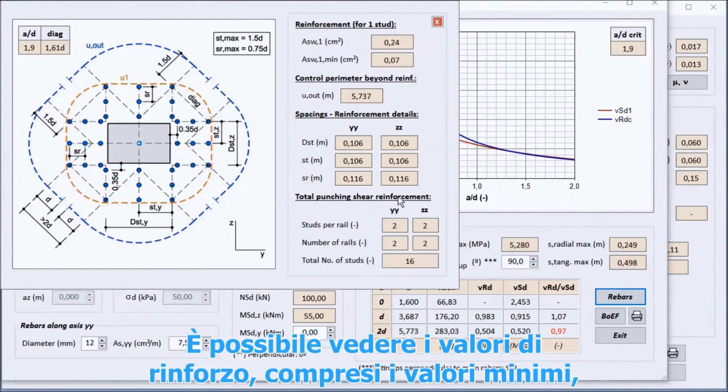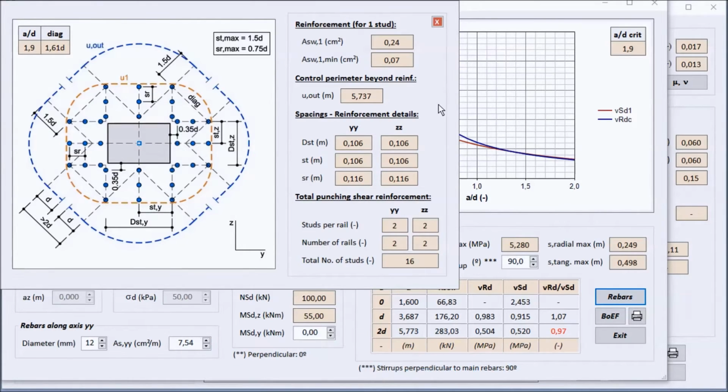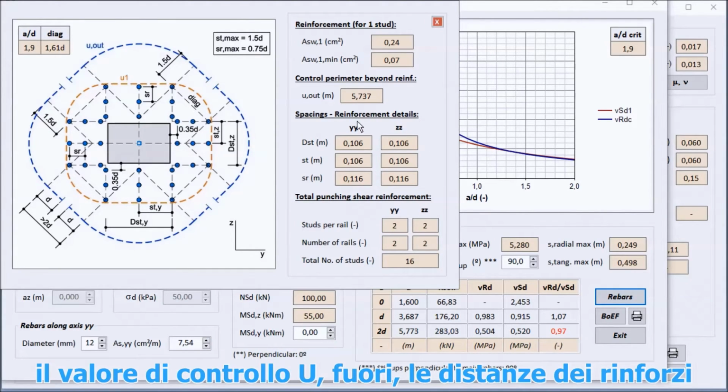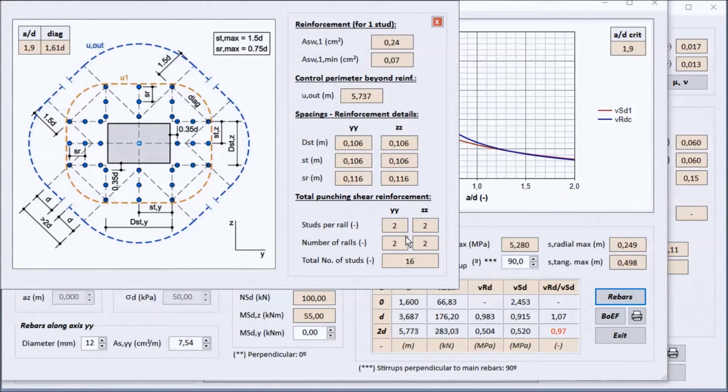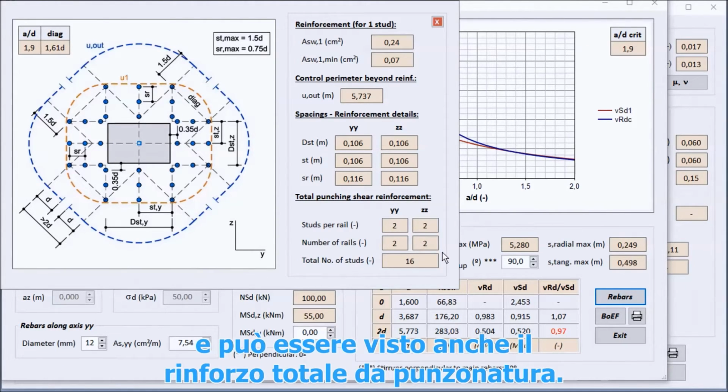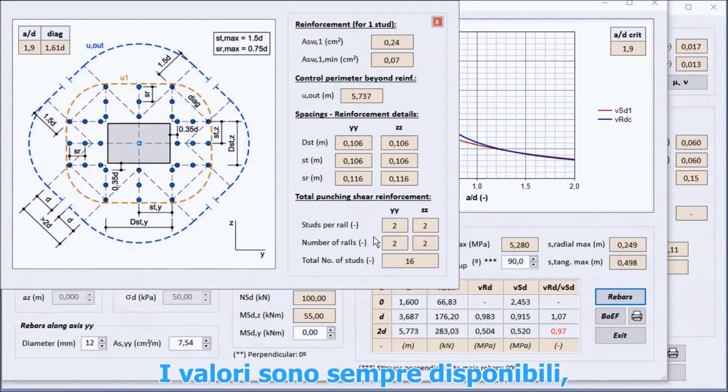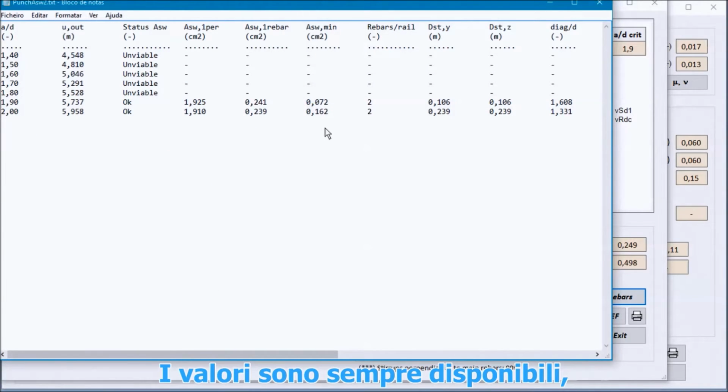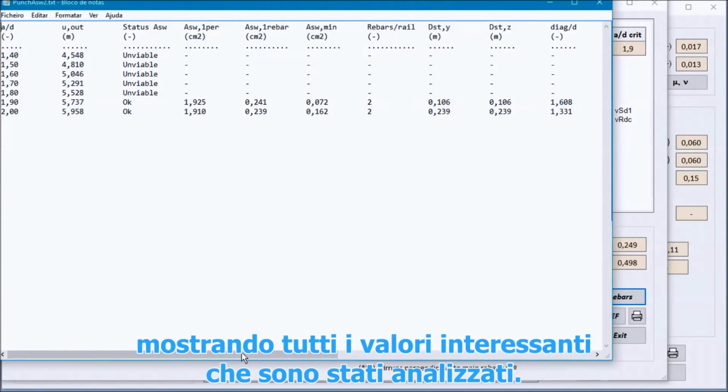It's possible to see the reinforcement values, including minimum values, the control perimeter U out, and the reinforcement spacings, and also the total punching shear reinforcement that can be seen here. Values are always available, showing all the relevant perimeters that were analyzed.